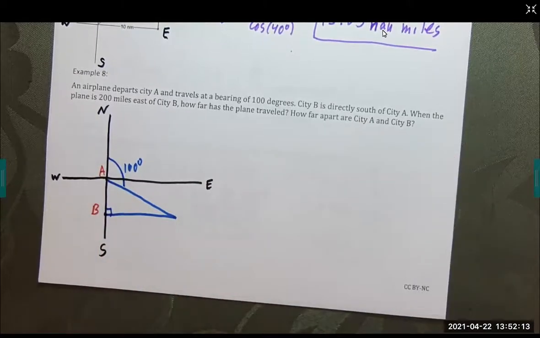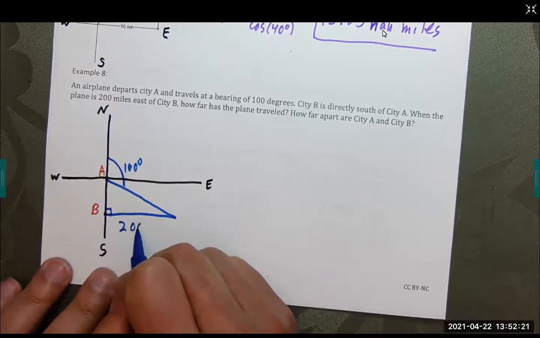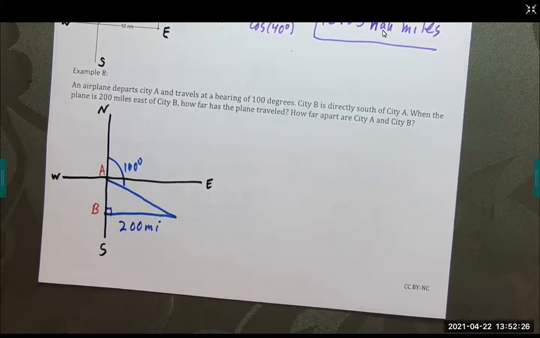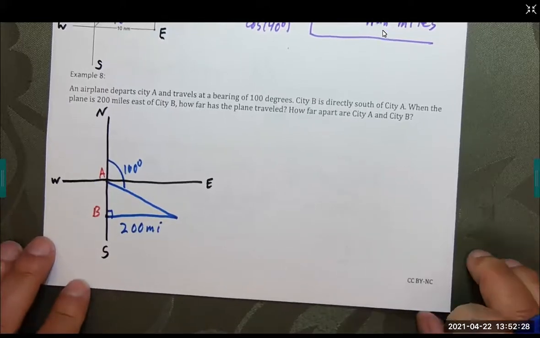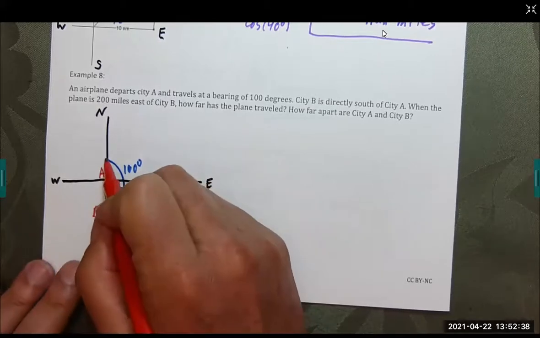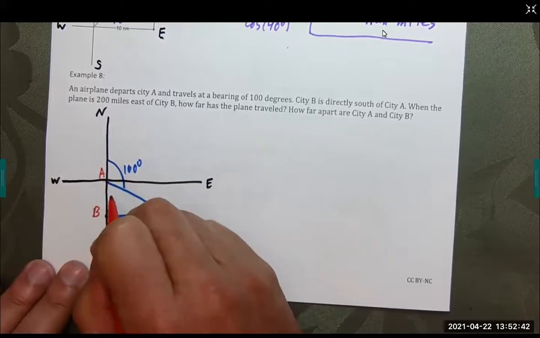When the plane is 200 miles east of city B, so that's down here, 200 miles. This one's asking two questions. How far has the plane traveled? And how far apart are cities A and B? I'm going to go ahead and draw this out. To be clear, from north to south, that's 180 degrees. So if this is 100 of those degrees, that makes this 80 degrees.